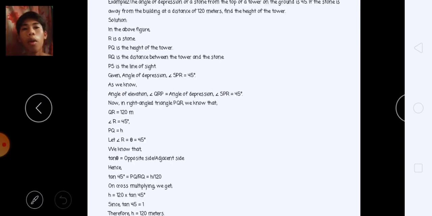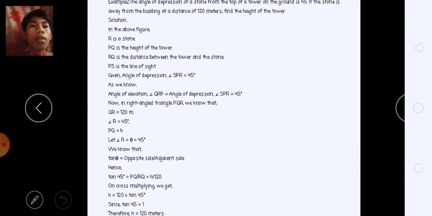So the height is 173.20 meters. The height of the tower is 173.20 meters.